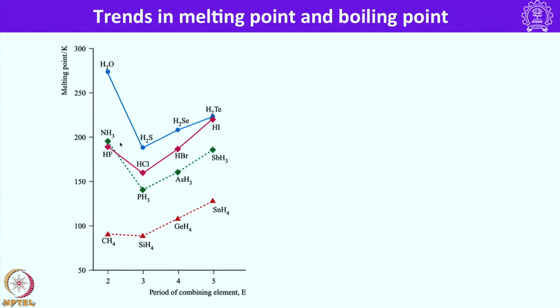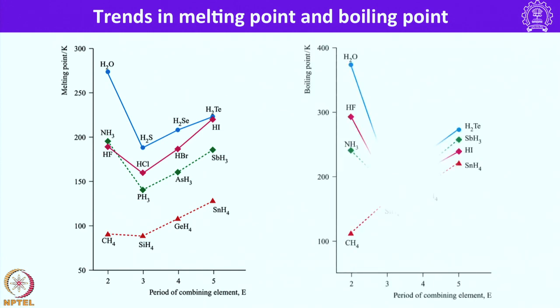So, these trends can be explained using the hydrogen bonding concept, and of course, the same analogy one can make for boiling points also. You can see here boiling points also, to begin with we have the highest boiling point for the first member like water, hydrogen fluoride, ammonia, whereas in case of group 14 no such trends are observed.